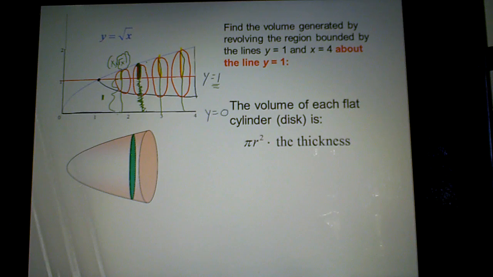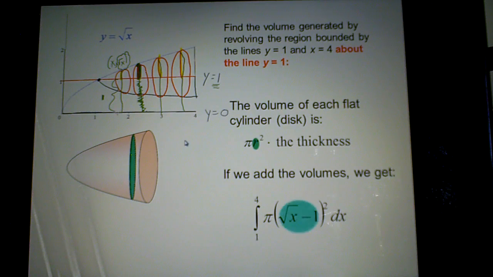So I think to find the radius, it is always the height of the function, take away 1, the axis of rotation.